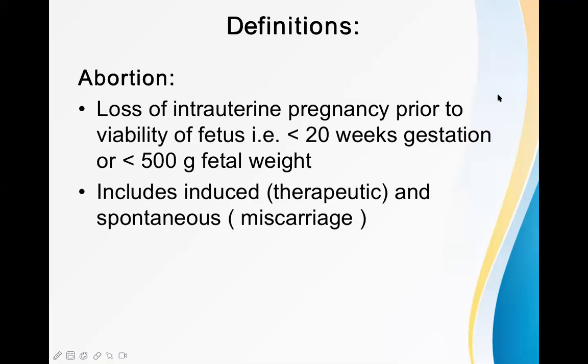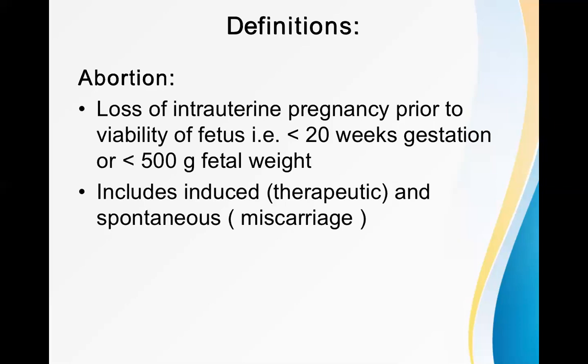Now see here, what is abortion? Abortion means, every student knows it already, if a loss of intrauterine pregnancy occurs before the period of viability, that is before 20 weeks of gestation, it is called abortion. Abortion is also known as miscarriage.